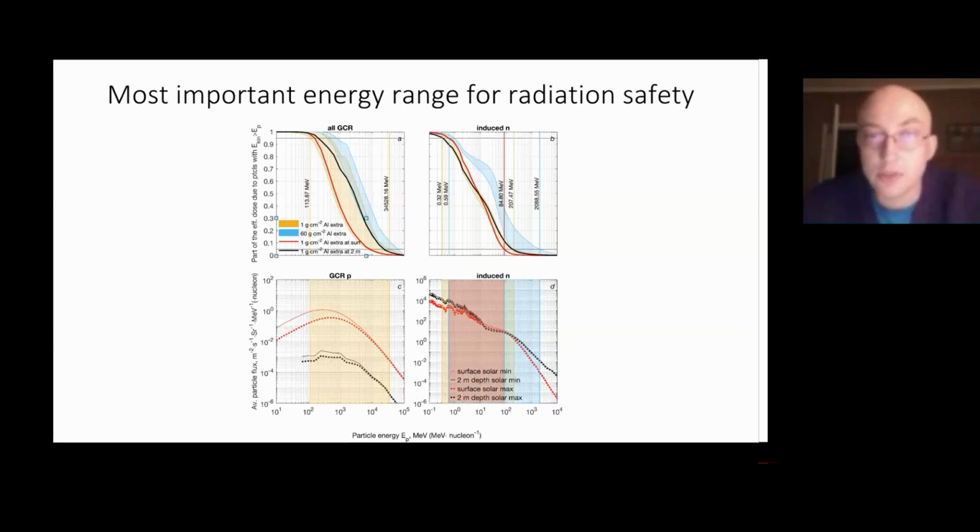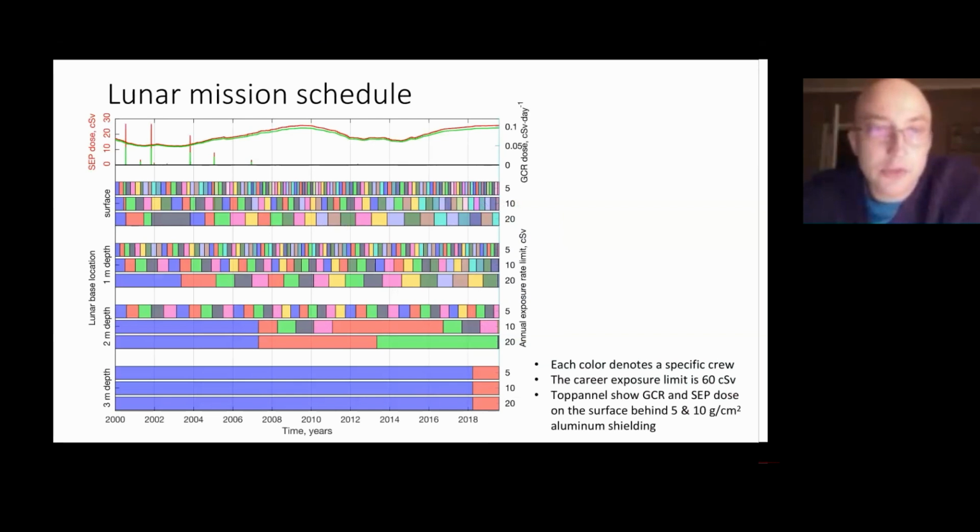On this plot you can see that to measure 80 to 90% of the neutron dose on the lunar surface, you need to measure neutrons from hundreds of keV up to 100 MeV.